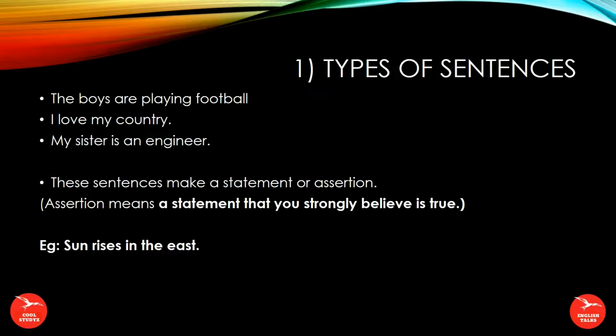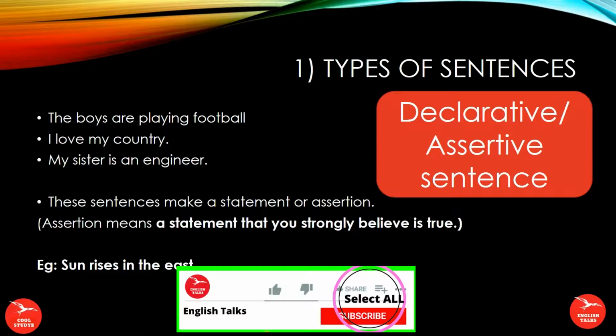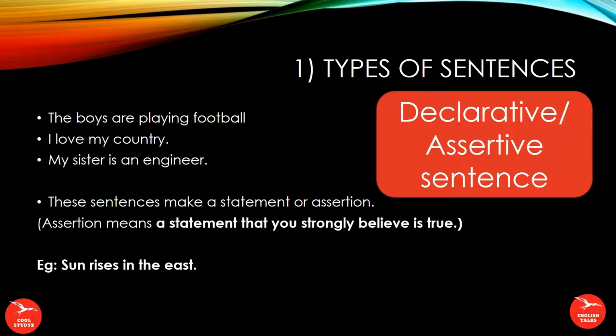All these are classic examples where it's just a statement or an assertion. Okay, fine. We will call these sentences as declarative or assertive sentences. Simple, right? So always keep this word in your mind. So first type of sentence is declarative or assertive sentences. Example is, the boys are playing football, I love my country, I love you, my sister is an engineer, etc.